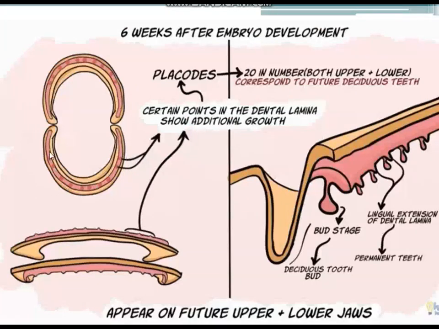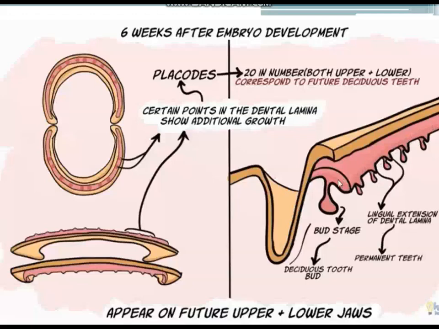These horseshoe-shaped laminas will be subdivided into two components. First of all, the vestibular lamina, which will separate the vestibulum of the oral cavity from the oral cavity proper. Then another part, the dental lamina proper, from which the tooth will develop.